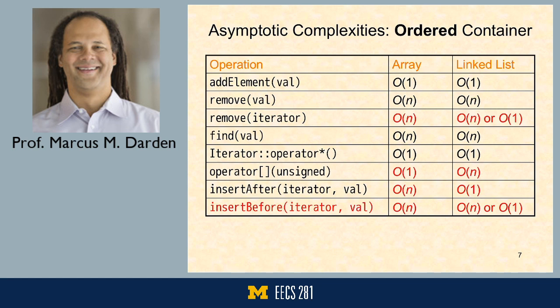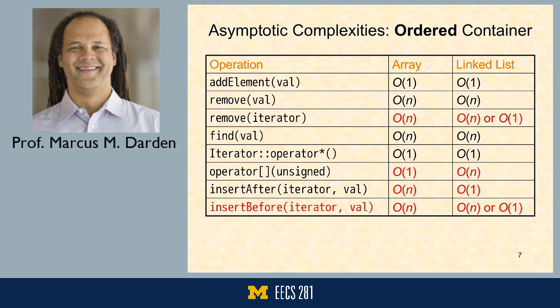If I've got a singly linked list, then insert before this object is going to be a little bit more difficult because I've got to find the pointer before this, and it could take me starting at the beginning and next until I get to the object right before this so that I can insert before here. If I've got a doubly linked list, I can always just insert in constant time either before or after me. So that's how we look at those in terms of our overall asymptotic complexity.